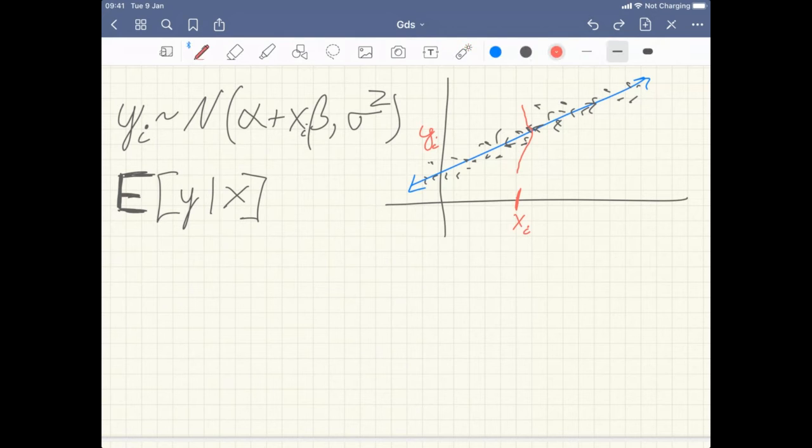Now, instead of having a continuous y, like we have here, what if we just had a binary outcome of y?